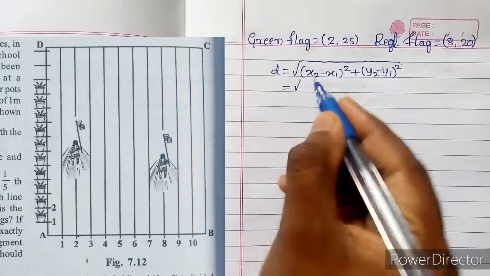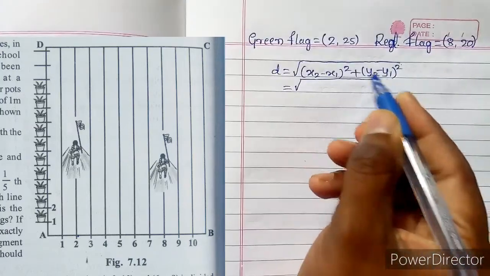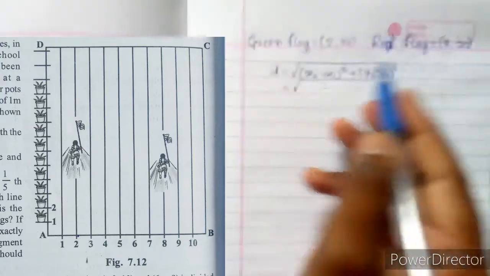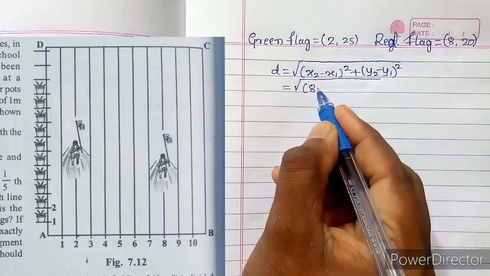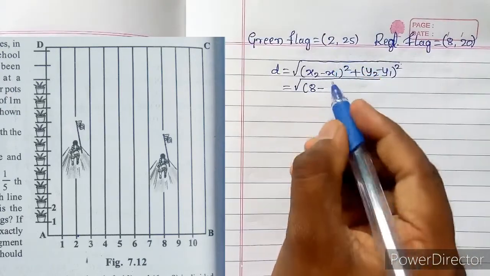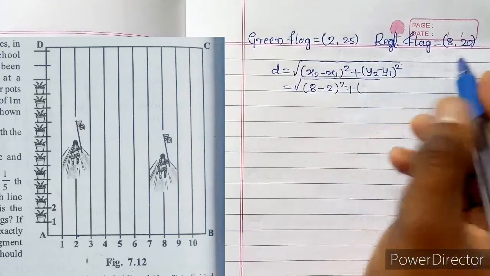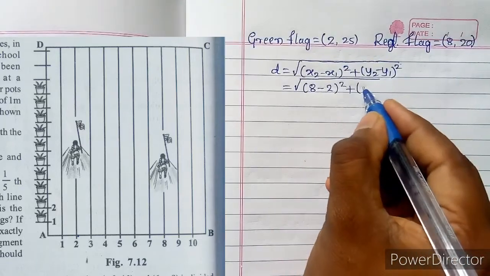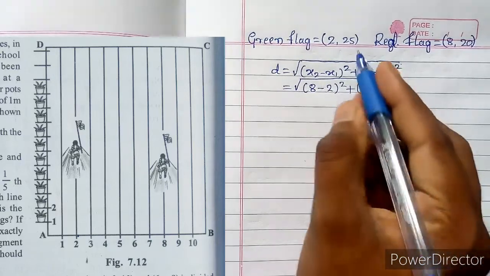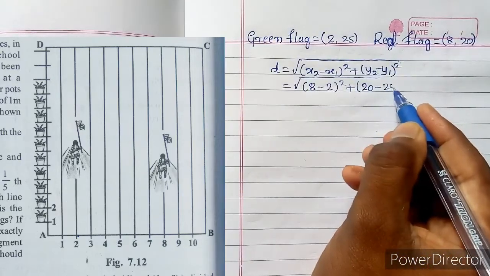Here x2 is 8 and x1 is 2, so 8 minus 2 whole square, plus y2 is 20 and y1 is 25, 20 minus 25 whole square.